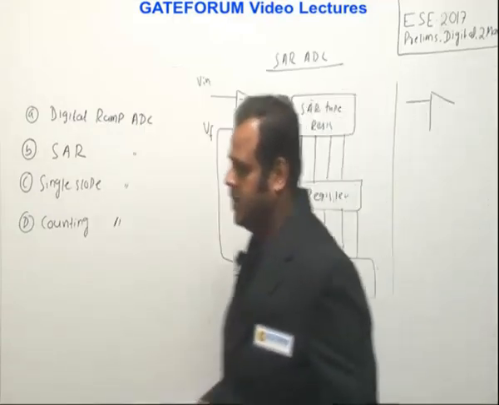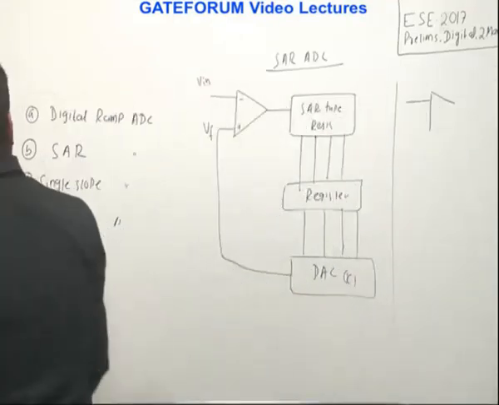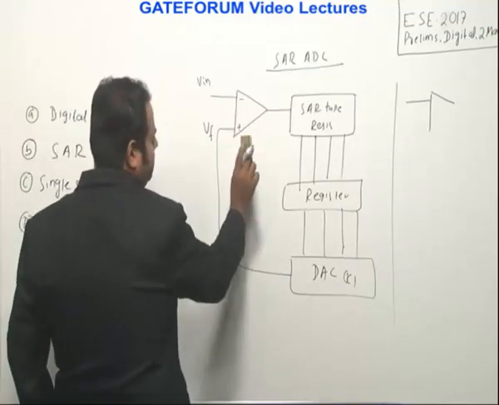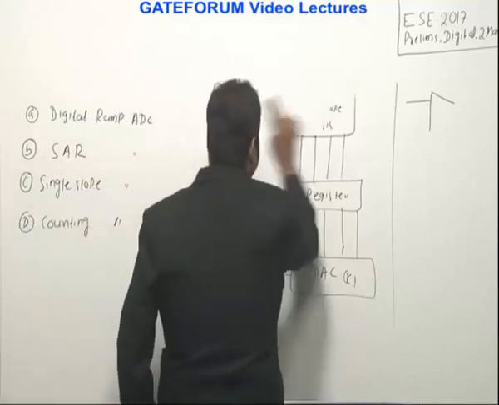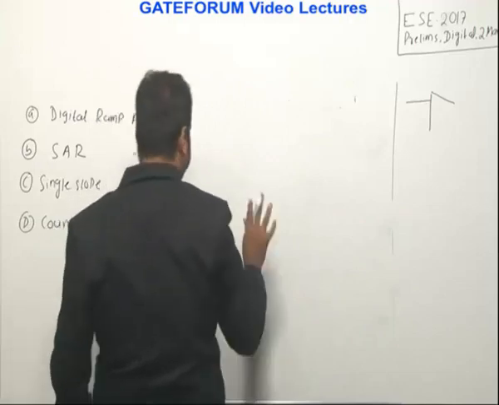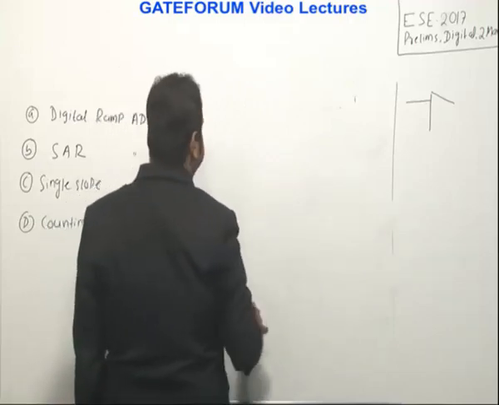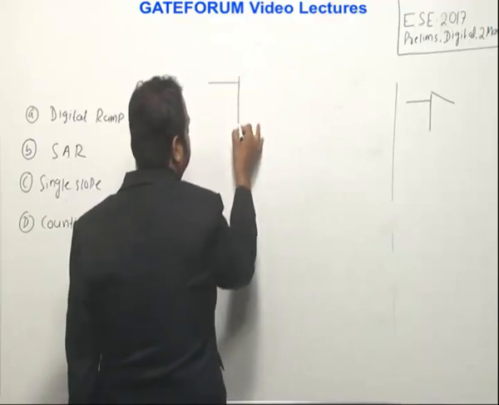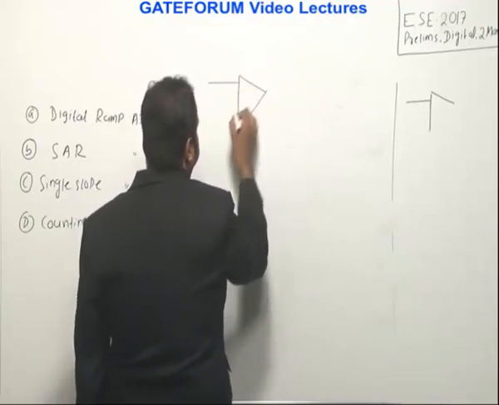You might know this, which is called the counter type ADC, also known as the RAM type ADC. So how does that look? I am erasing this one. It looks something like this. In SAR type we have the DAC, and similarly in the counter type, the block diagram looks like this.